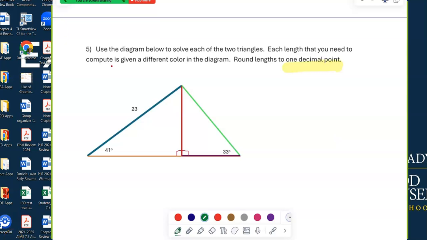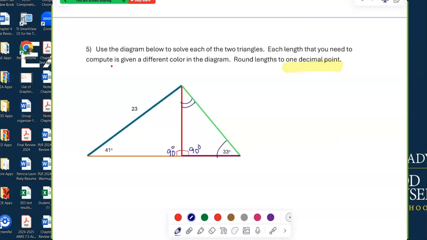Okay, so next thing, I'm going to start solving some angles. If it's helpful to you to write in 90 here and here, do it. Okay? If I know that I have an angle down here of 33, then I know the angle up here is going to be complementary to it. That means that 33 plus something is going to equal 90.